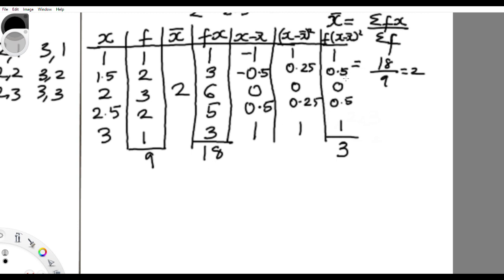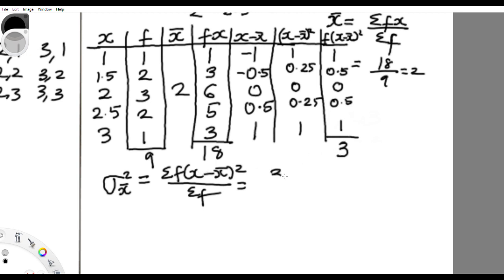Now we need to bring back the formula for calculating variance, which is the variance for the sample this time around. Remember, variance for population uses mu, that differentiates it. So bringing back the formula for variance: summation of f times (x minus x bar) squared all over summation of f. The summation of f times (x minus x bar) squared, which is what we have done here, is 3, and the summation of the frequency is 9.